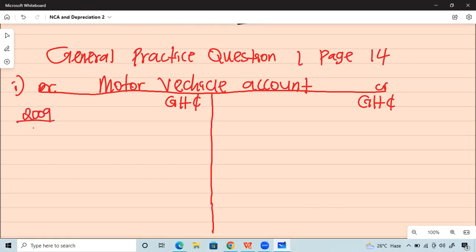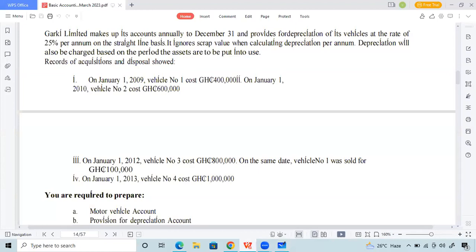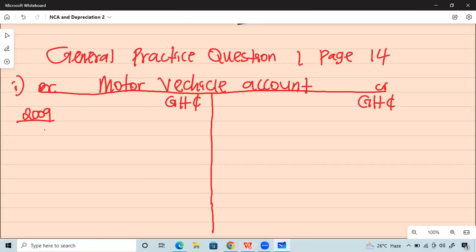You pay for it, and you purchase vehicle number one for 400. So that means that your bank could have been credited. So we are not going to debit the bank; if your asset account is increasing, you debit. So I will say bank now, bracket vehicle one. How much is it? 400,000.